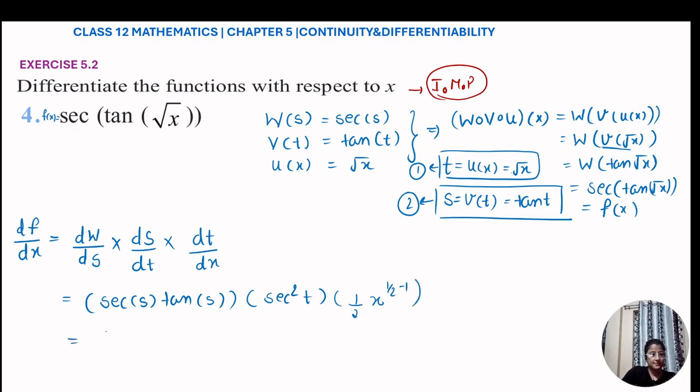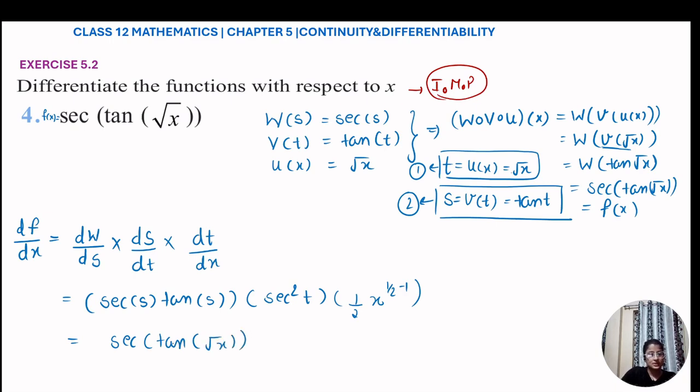So if we simplify it, it will be sec, put the value of s. As you can see, our s is nothing but tan t, and put the value of t again here. So our t is nothing but root x.